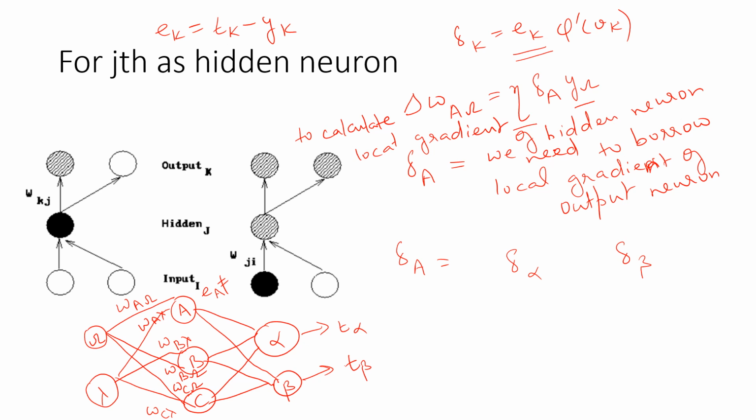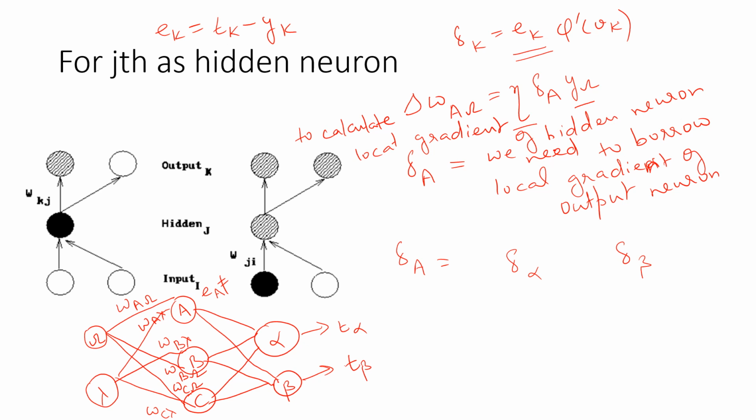Both are going to affect the weight change of this A neuron. But now again the question comes, can we take the local gradient of alpha and beta as it is?